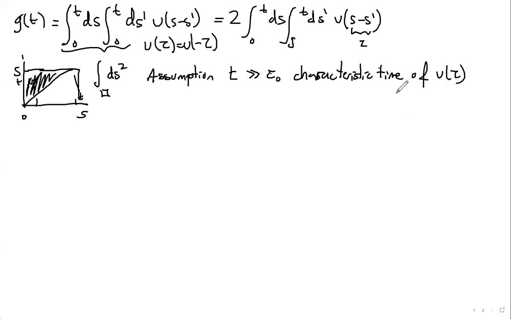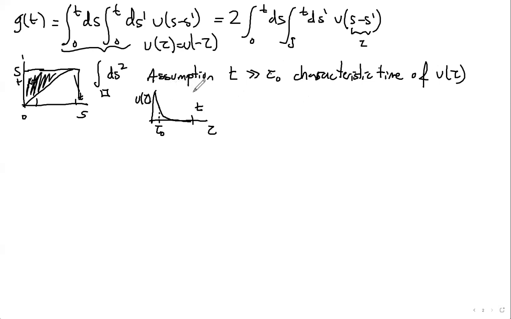The idea is that u of tau decays with tau very fast compared to t. So we will approximate it as an exponential, where the mean will be at tau 0. This is what is called the characteristic time. And our time window in which we measure is much larger than this.